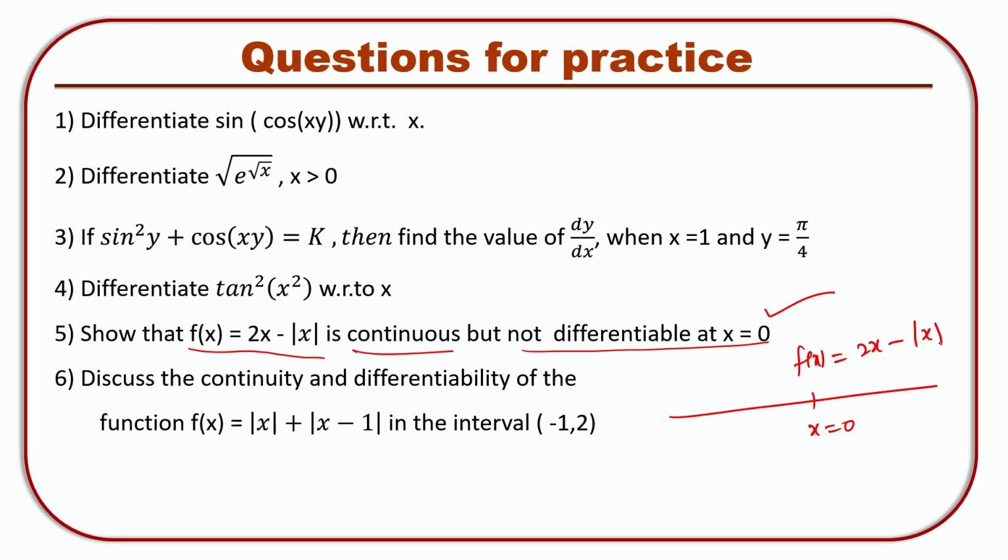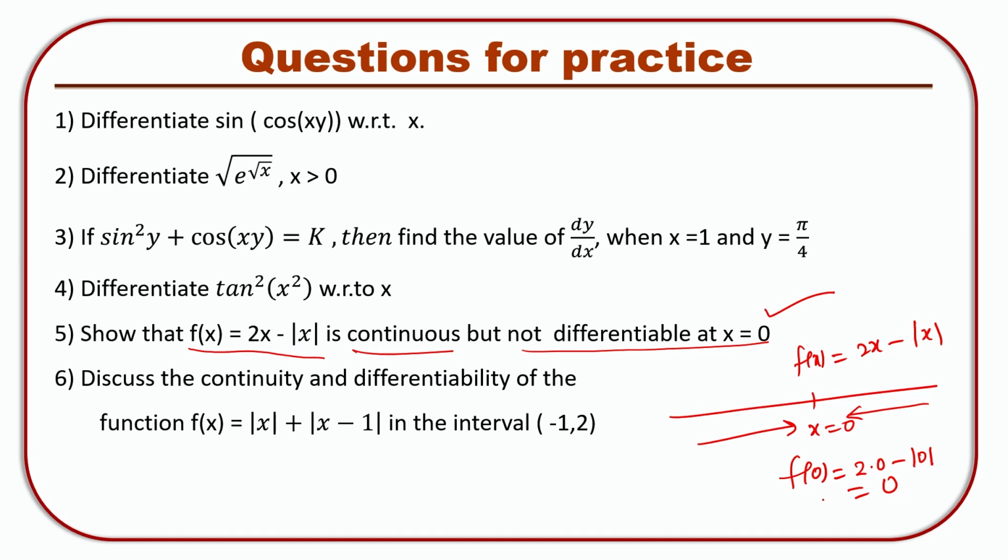Now we can calculate the left hand derivative as well as the right hand derivative, and try to find out whether the limit exists or not. So firstly calculate f of 0. f of 0 is nothing but 2 into 0 minus modulus of 0, which is equal to 0.